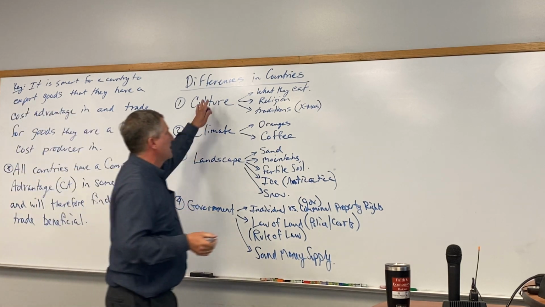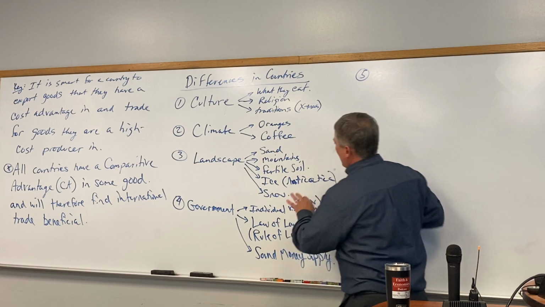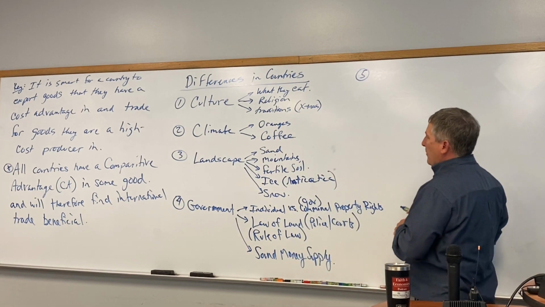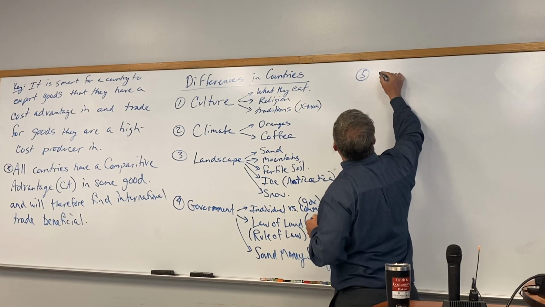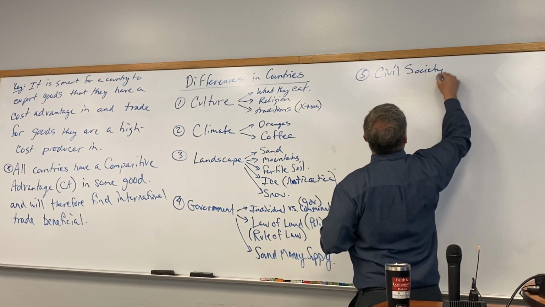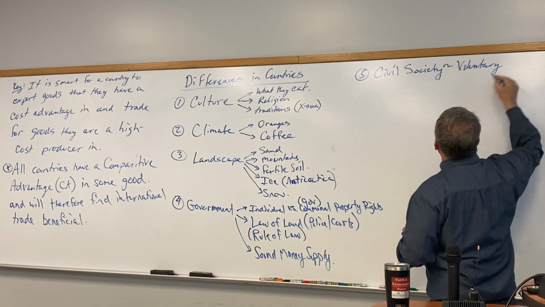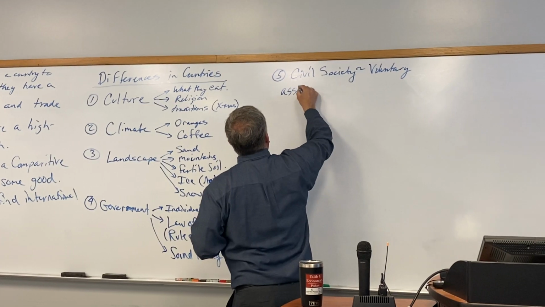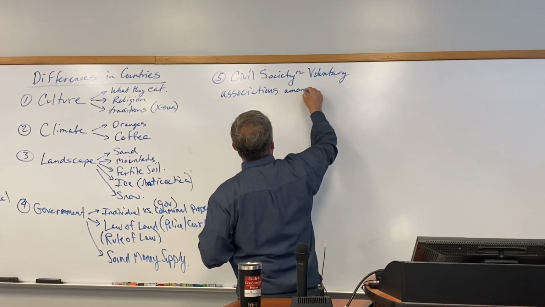So I'm going to list that one separately, but it could fall into culture. But I want to make a distinction here between public government rule of law stuff that's by law and something we call civil society. Civil society is voluntary associations among citizens.